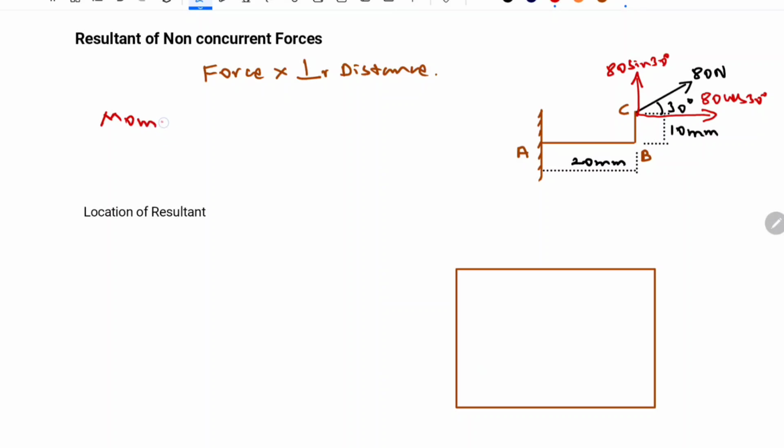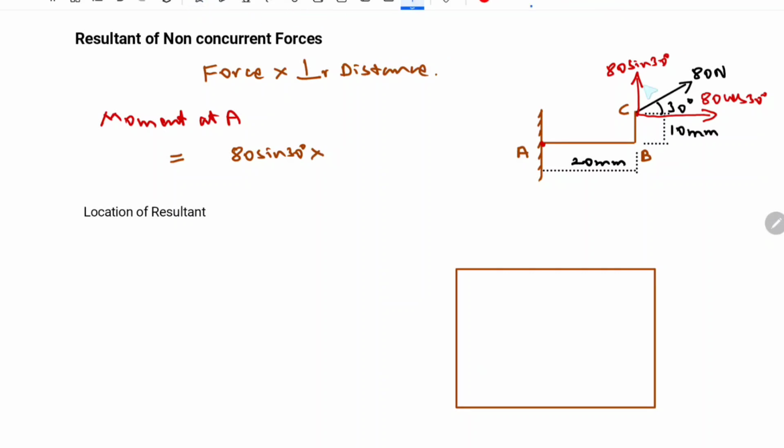I'm going to find the moment at the point A. First consider the 80 sin 30 degrees. That is the force, multiplied by the perpendicular distance.